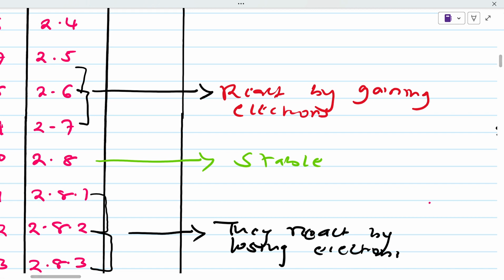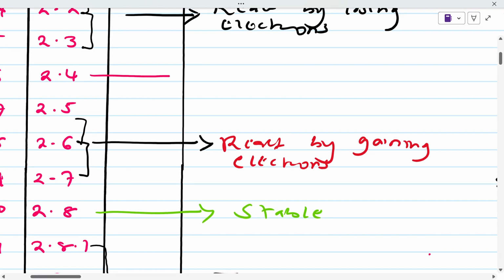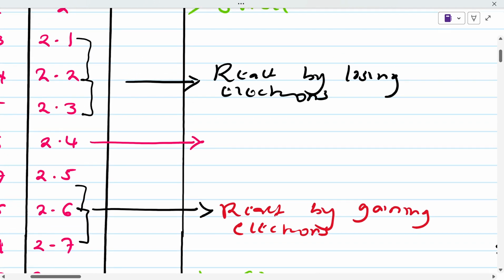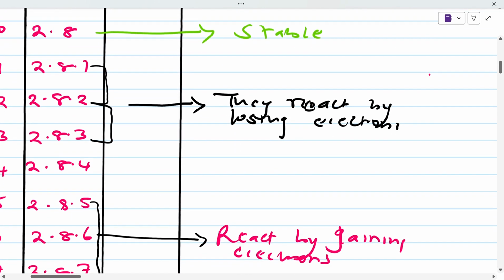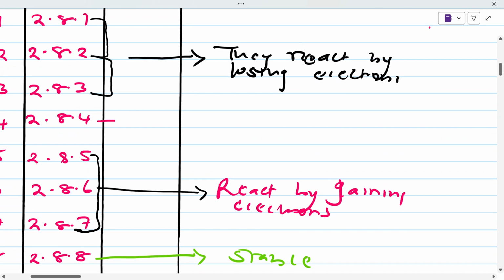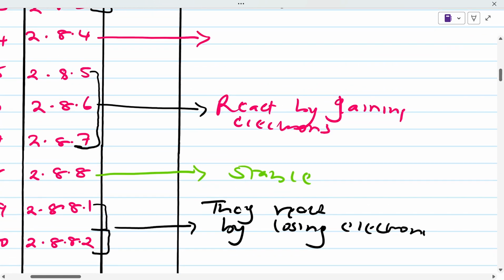Now, I skipped 2:4, this one here. I also skipped 2:8:4, and only those.